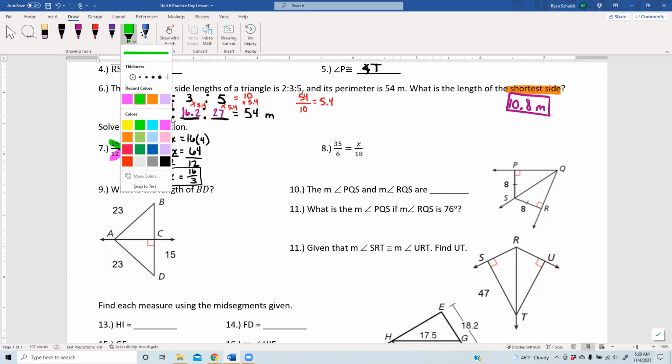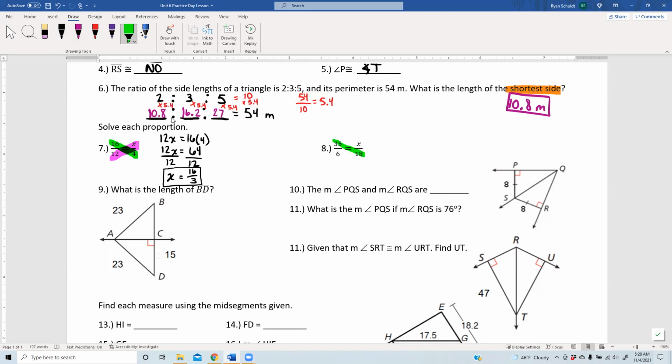The next one, we have 35 times 18. That's going to have to equal 6x. So 6x equals 35 times 18.